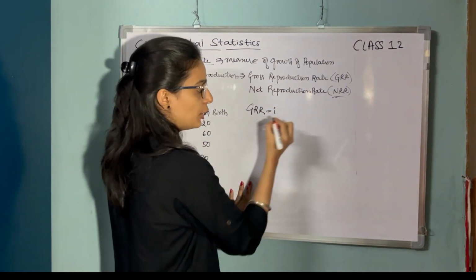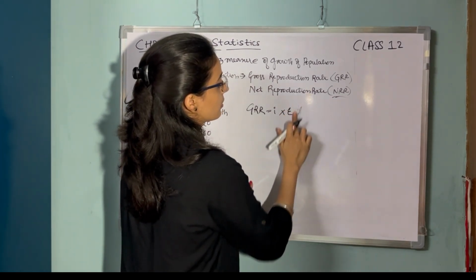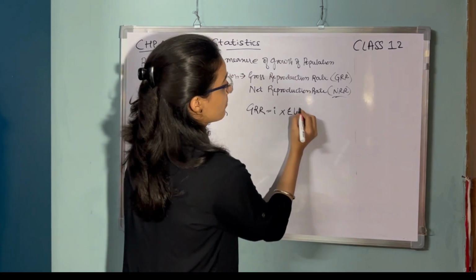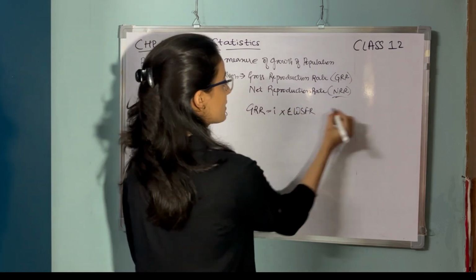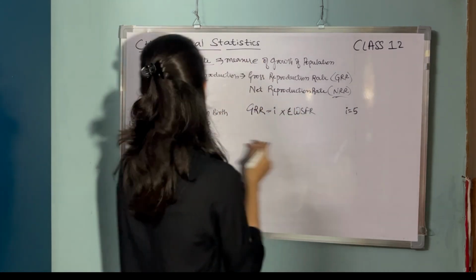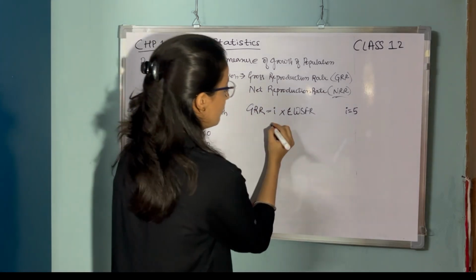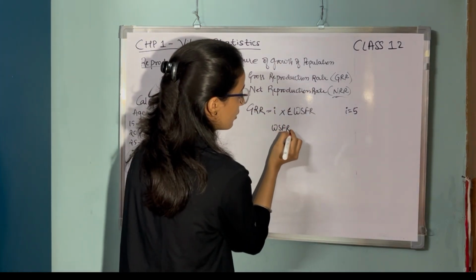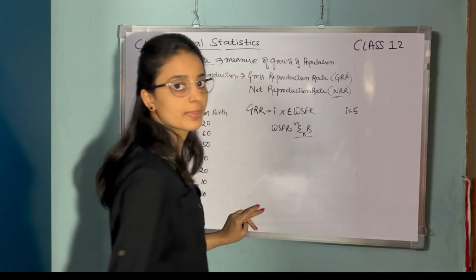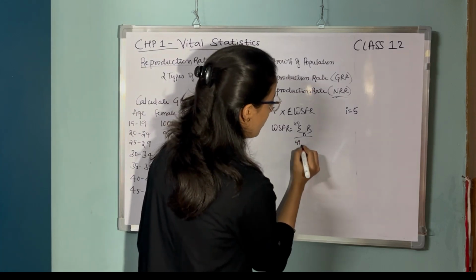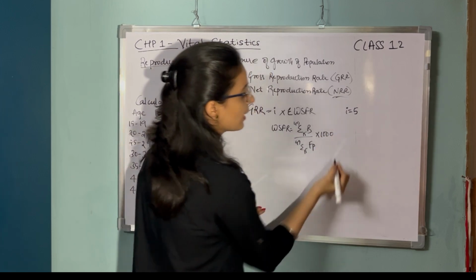So I into summation WSFR. Now what is I? I will be 5 because that is the magnitude of our age group. What is WSFR? Female birth and female population into 1000.